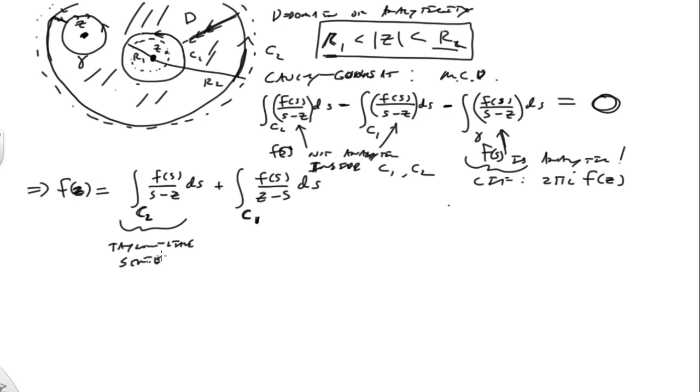I'm going to call it a Taylor-like series. It is going to come out of this. And here we're going to have a different type of series. We're going to have something else.